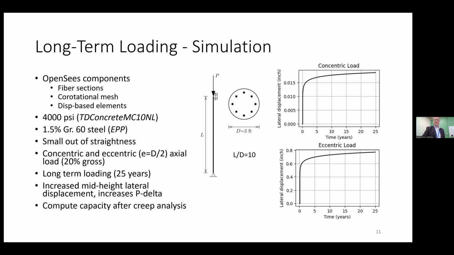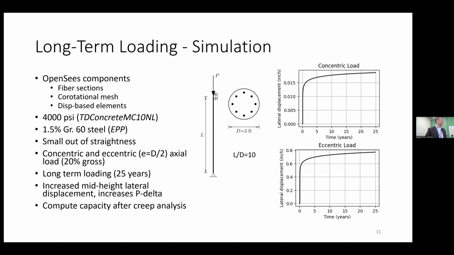and shrinkage. Okay, so on the upper right is a plot of lateral displacement at midspan versus time in years. It goes out to 25 years. With a concentric load and a slight imperfection, we do see that as that load is just held there for 25 years, we do get some creep and shrinkage, increases in strain, and then increased lateral displacements.